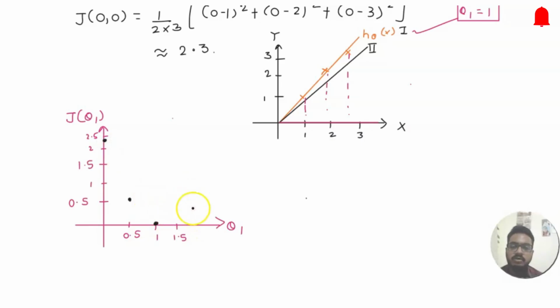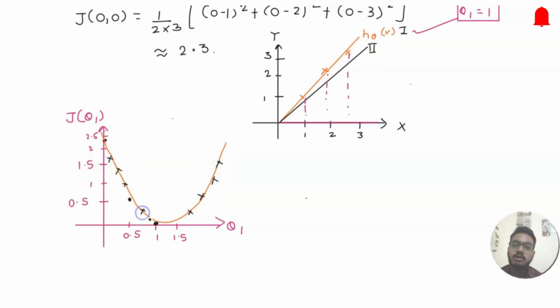Similarly, if we keep on doing this iteration, changing different values of theta 1, and plot them all and draw the graph, we are going to get a nice parabolic curve. Obviously, there will be many iterations and many points we will get on this parabola.